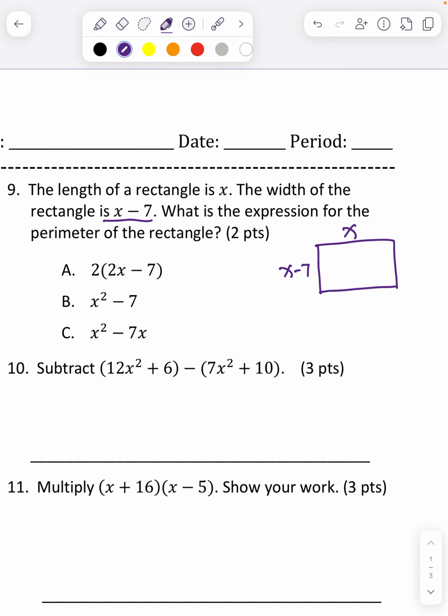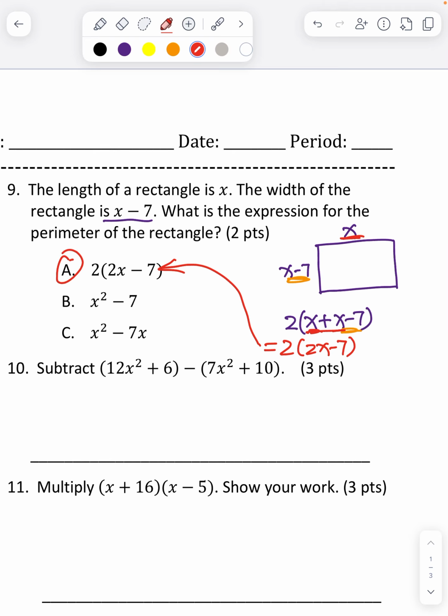So the formula is 2 parentheses length plus width, right? This is the length. This is the width. Now we're going to combine like terms. x plus x, that's 2x. And then copy the minus 7. So the correct answer is A, right?